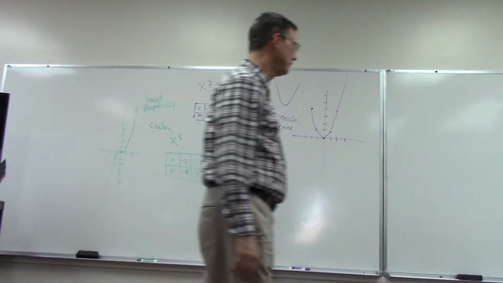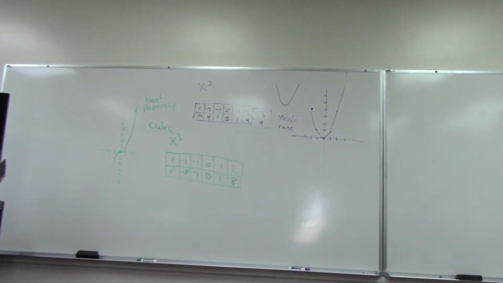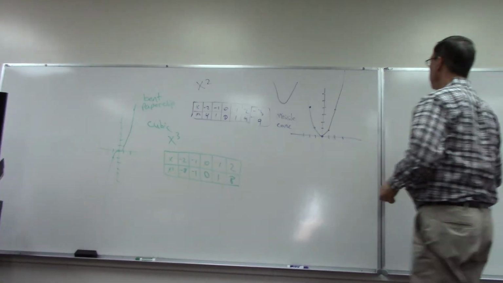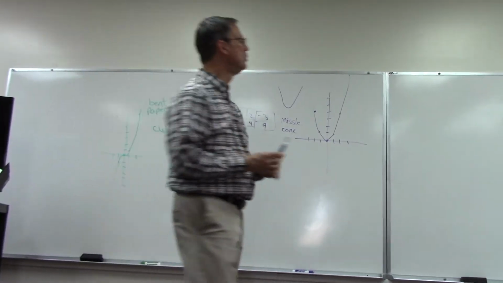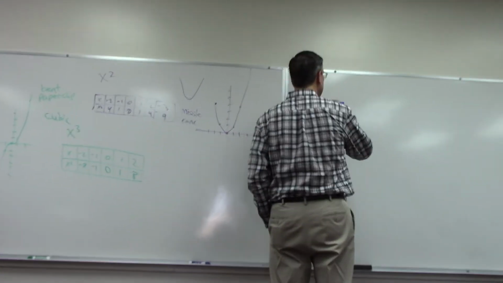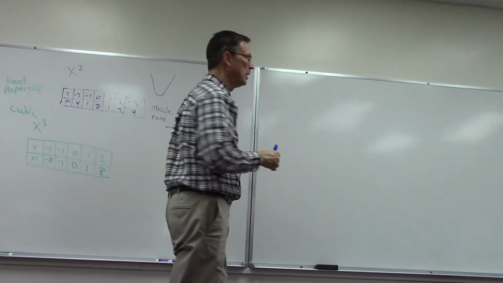You got these three? Okay, let me get blue. So we'll do it right here. So the next one is the square root of x. This one I need you to have your calculators out. You ready?